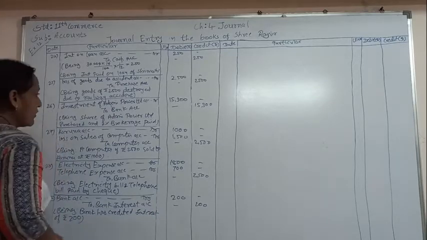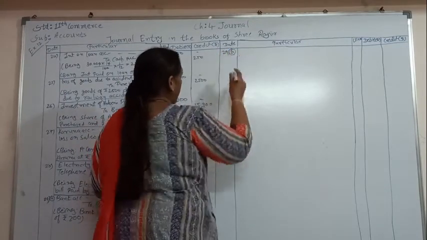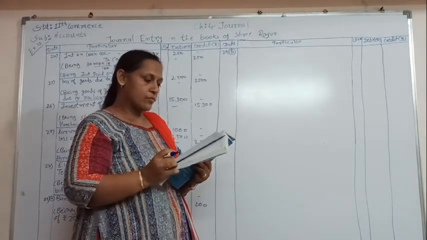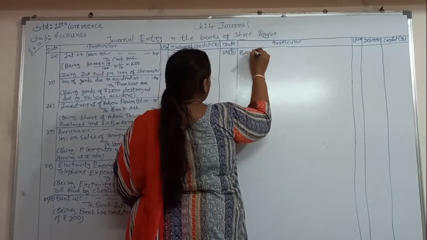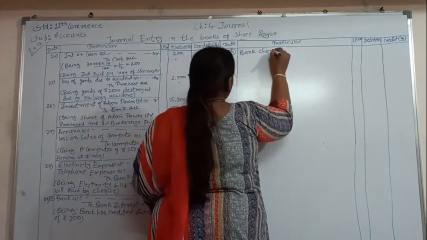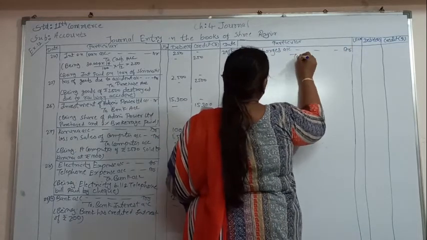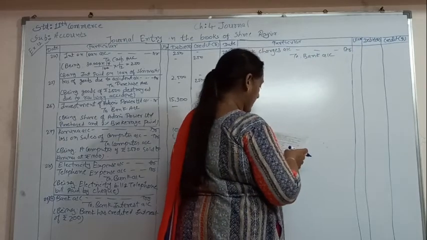And now for the next, 29B, in that we can see that bank has debited rupees 100 for bank charges. So bank charges is our expense. Bank charges account debit to bank account, and that is rupees 100.